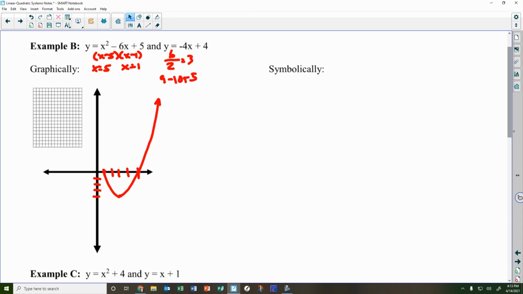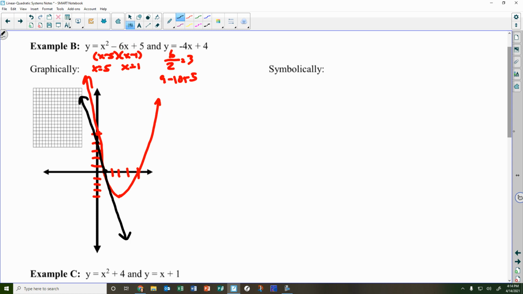I know my y-intercept for the quadratic is 5, because if I plug zeros in for x, right? So I know that this is going to go up through there. So at 4, and then we're going down 4 and over 1. So my linear line is going like this. Okay. So as of right now, it only looks like it's sharing one point, which is that point.